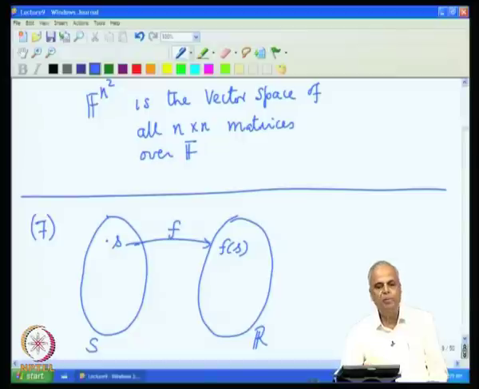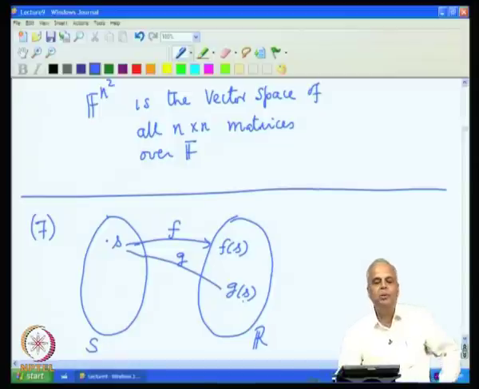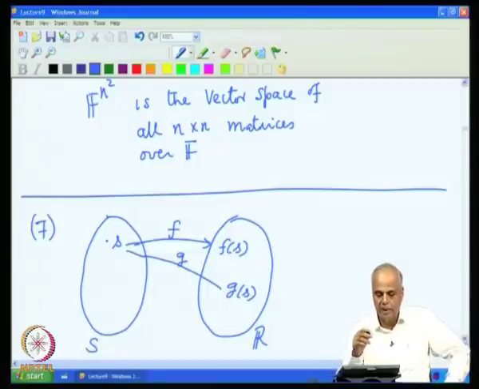So, let us take a function f from S to R, and suppose I have another function g. The function f associates the value f(s) with an element s, and g is another function which associates the value g(s) with s.